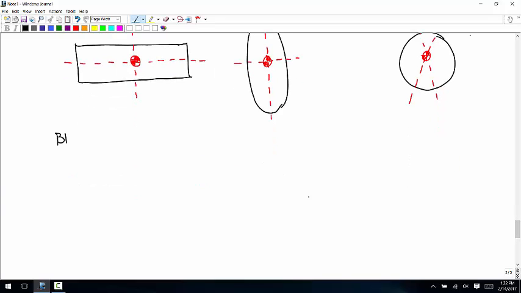By the way, this isn't going to be something that we use in this class, but in 3D, a line of symmetry doesn't have the same meaning that it does in 2D. So in 3D, the centroid lies along any plane of symmetry.